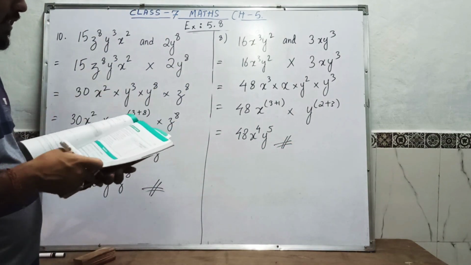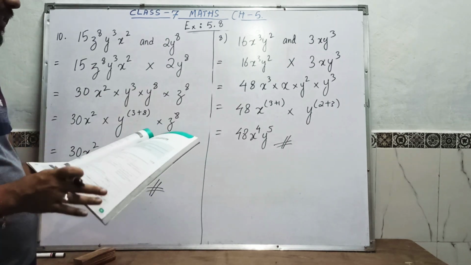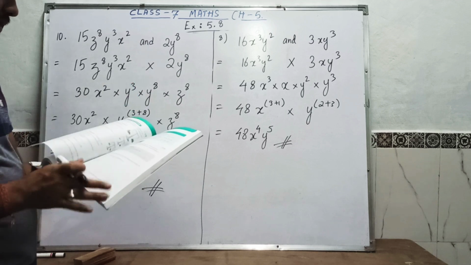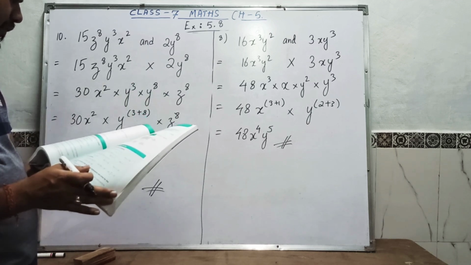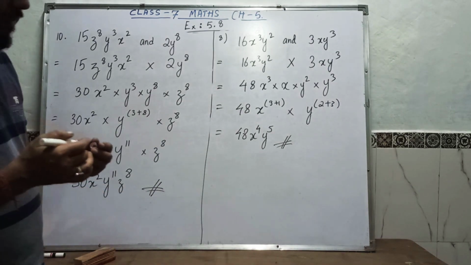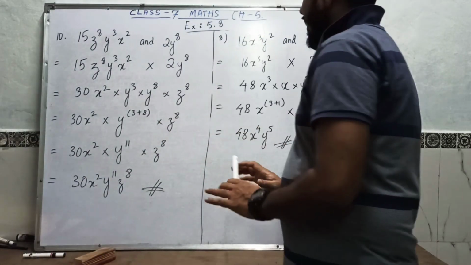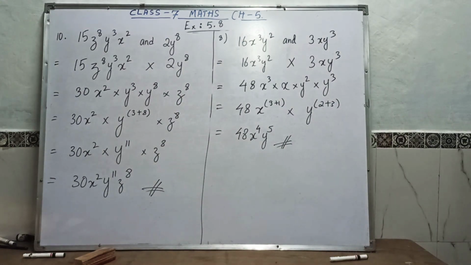After 3 to 4 days, I will start a video session of chapter 6, simple equation. Am I clear? We have 6.1, 2, 3, 4. We have 4 exercises. We will try to solve in the next video session. So that's all for today's class. Kindly complete the exercises, try to understand the explanation, write in your notebook, solve the homeworks. Thank you.